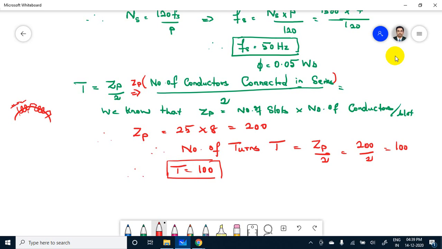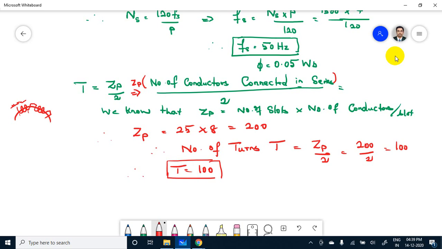So in terms of conductors connected in series, if they mention it, you have to take number of slots into number of conductors per slot. In your question they have not mentioned how many phases are there, because we are not talking about the phases. If we are mentioning the phases, calculate the EMF generated per phase, then you can substitute divided by 3.